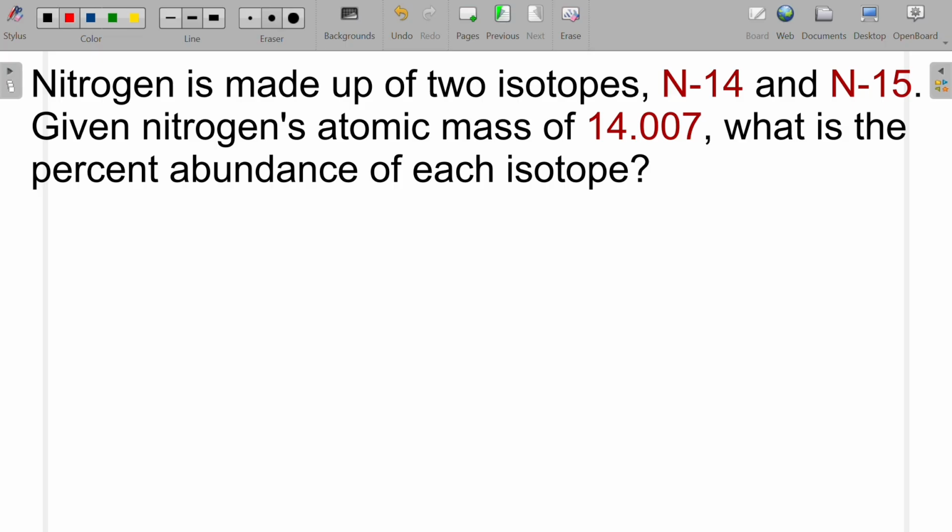Now, what we should understand is the total percentage abundance must add up to 100%.